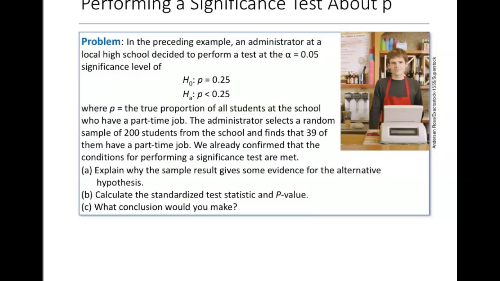So we're going to take the same problem and we're going to calculate what we call a p-value. A p-value is a conditional probability.